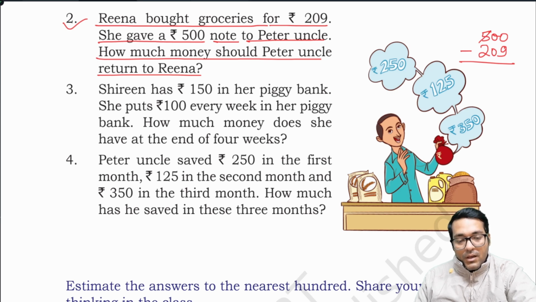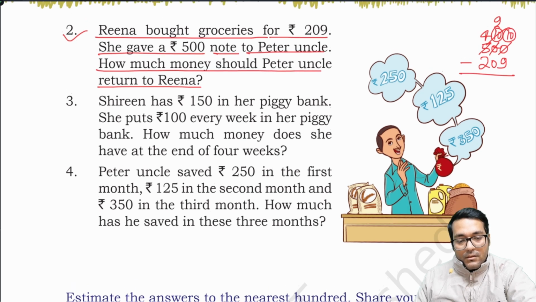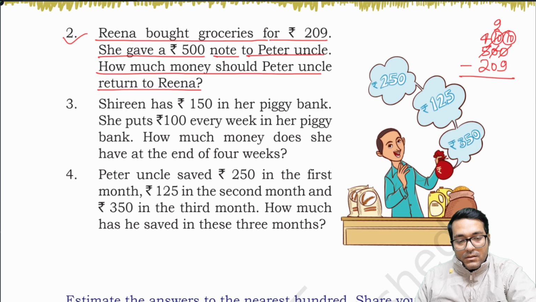That means 5 becomes 4, 0 becomes 10, then this 10 becomes 9 and this 0 becomes 10. 10 minus 9 is equal to 1. 9 minus 0 is equal to 9. 4 minus 2 is equal to 2. The answer is 291.